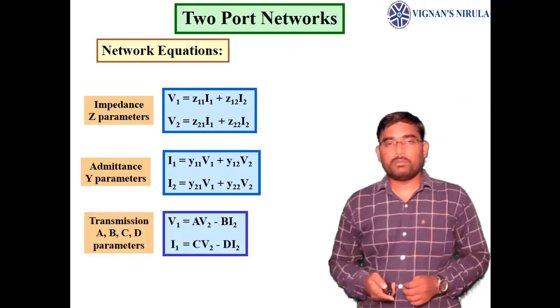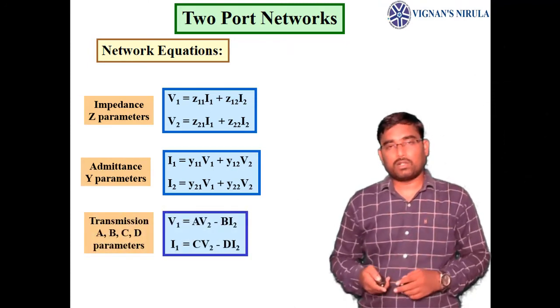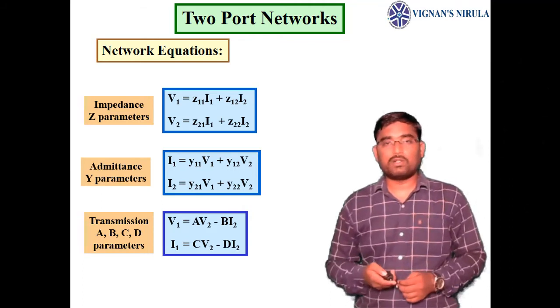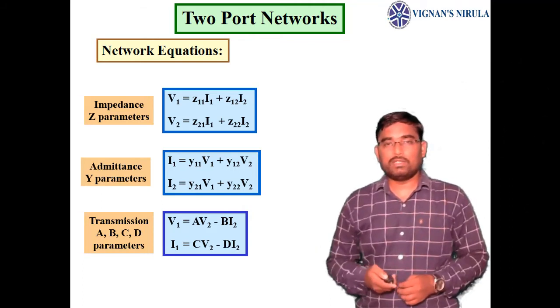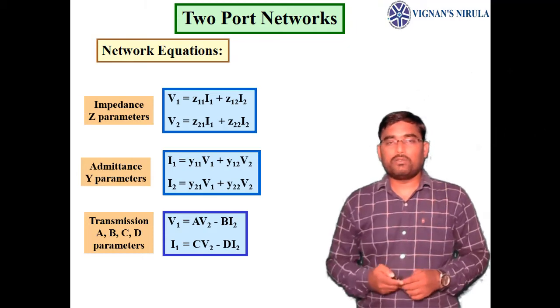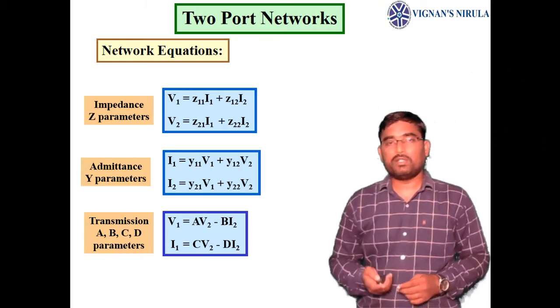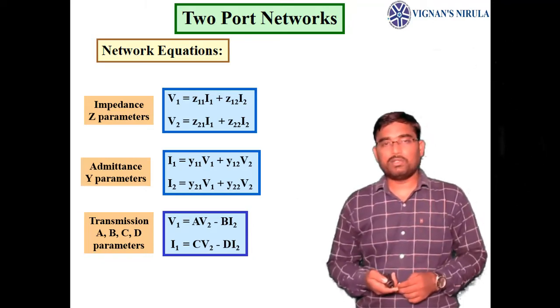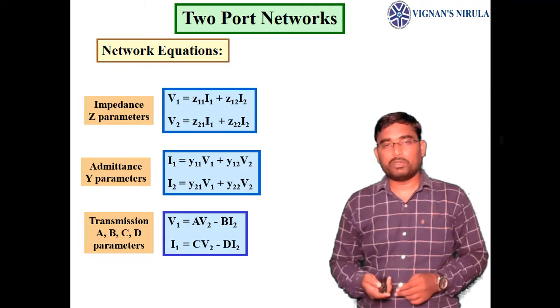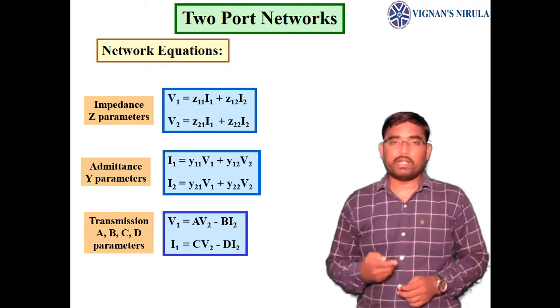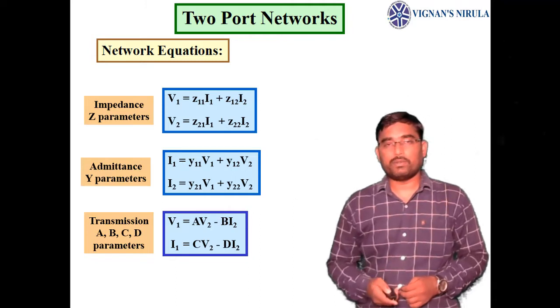The next are the transmission parameters, also called ABCD parameters or chain parameters, which express the port 1 voltage and current V1, I1 in terms of the port 2 voltage and current V2 and I2. V1 equals A V2 minus B I2, and I1 equals C V2 minus D I2.